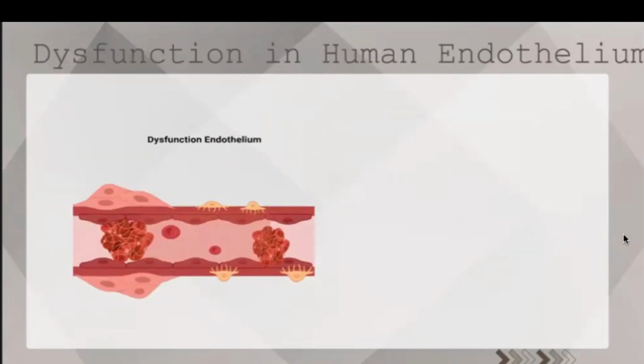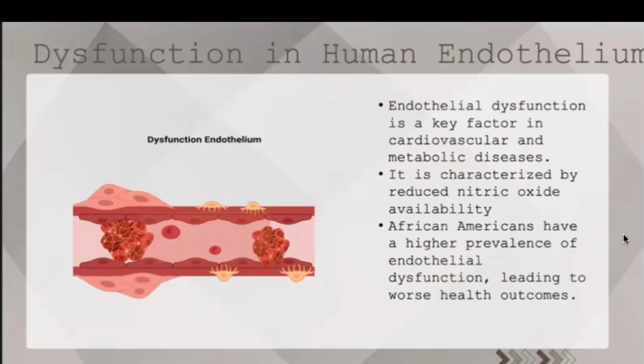So overall, when we have a dysfunctional endothelium, it's a key factor in cardiovascular and metabolic disease. And as I previously mentioned, this is characterized by a reduction in the nitric oxide availability for these smooth muscles.